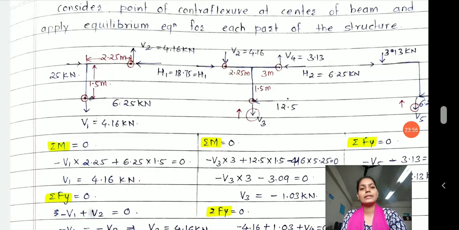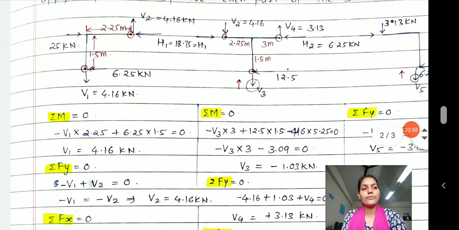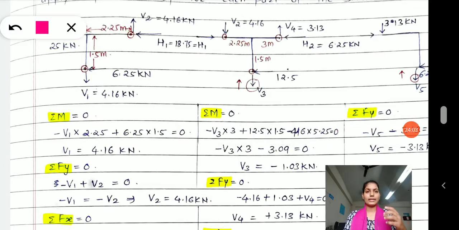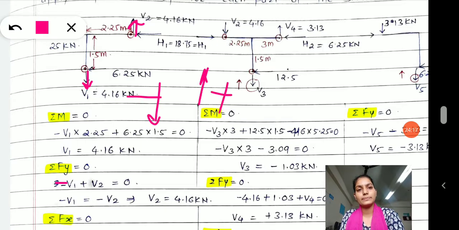Then we will move towards the summation of Fy, all the vertical forces. What are the vertical forces? V1, V2, that's it, no other forces. Downward is negative, upward is positive.